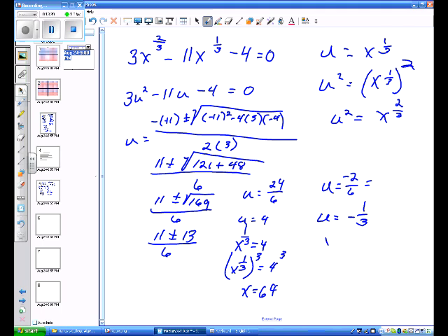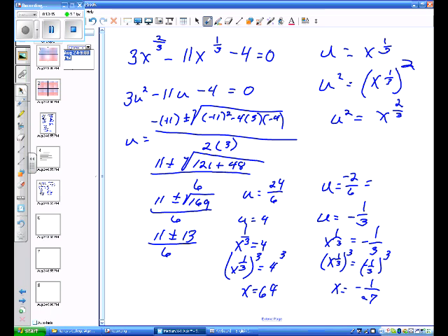Here, x to the 1/3 equals negative 1/3. So cubing both sides, we get x is equal to negative 1/27.